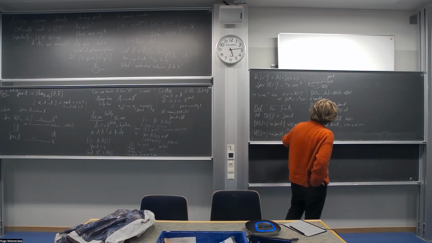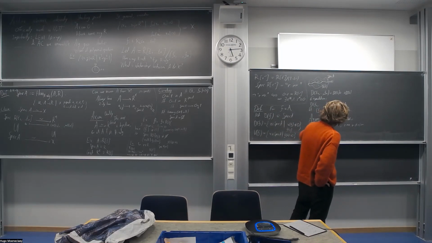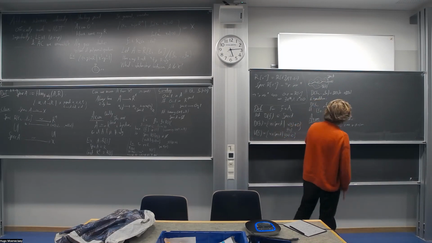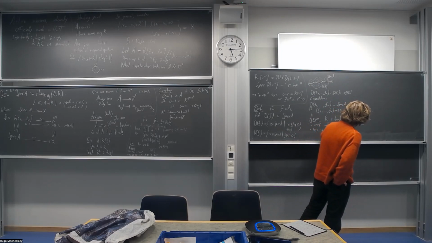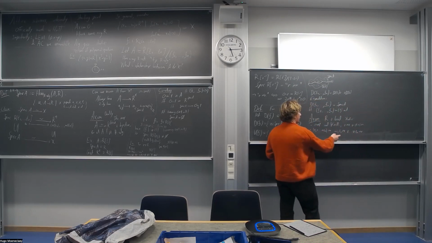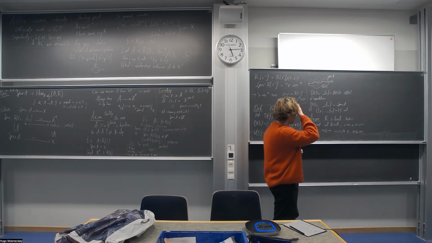Another way of saying it is that if I have some sum of elements, and this is invertible, then one of the summands is invertible. So to be clear, this is a disjunction of propositions.